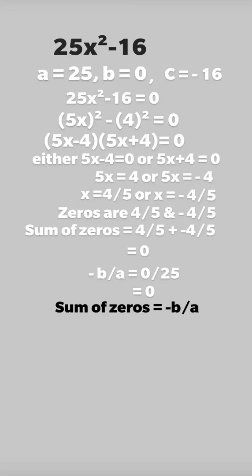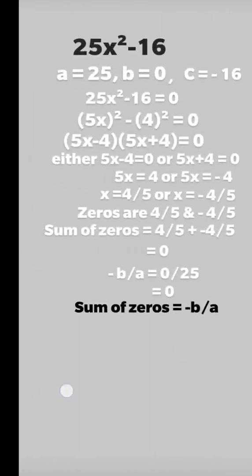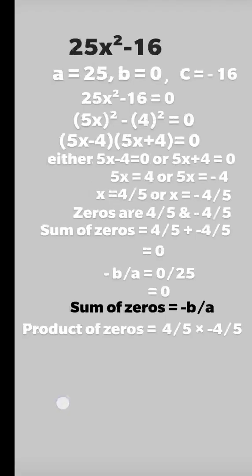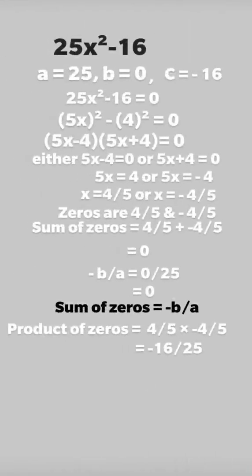Now let us find the product of these zeros of this quadratic polynomial. Product of zeros: 4 upon 5 multiplied by minus 4 upon 5, because zeros are 4 upon 5 and minus 4 upon 5. If we multiply 4 upon 5 by minus 4 upon 5, what we will get is minus 16 upon 25.